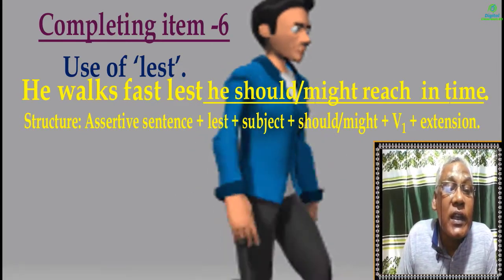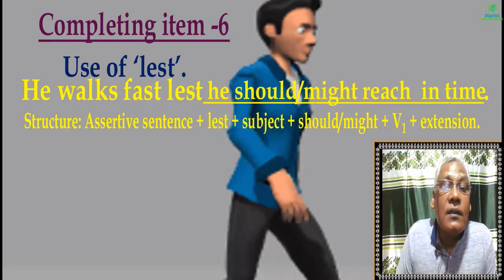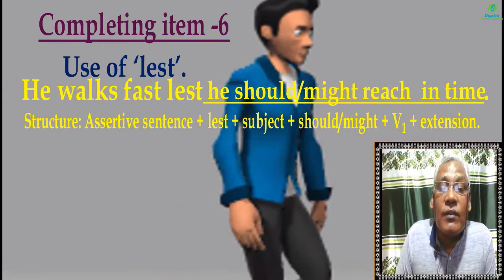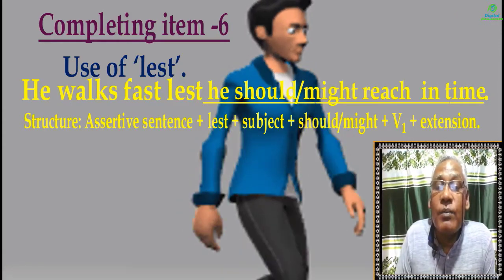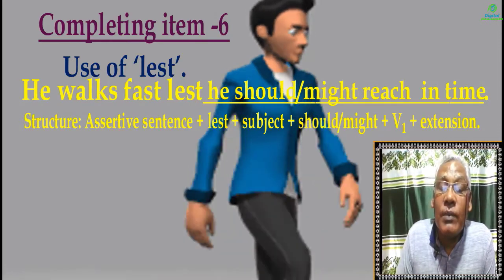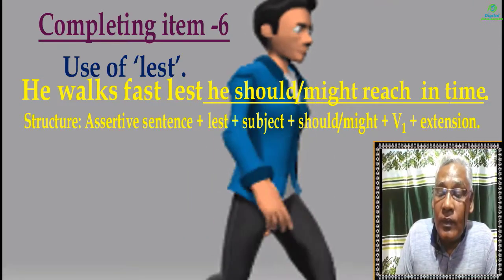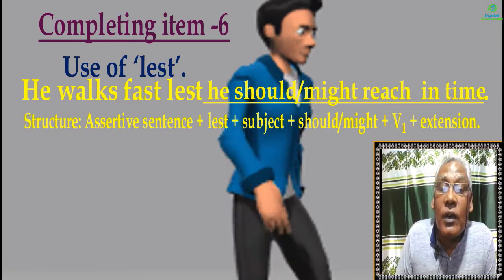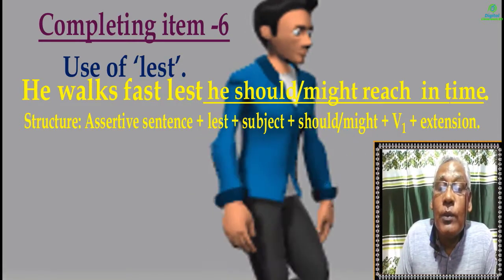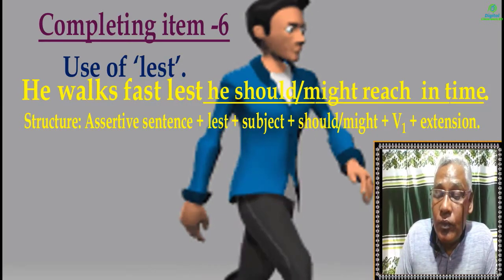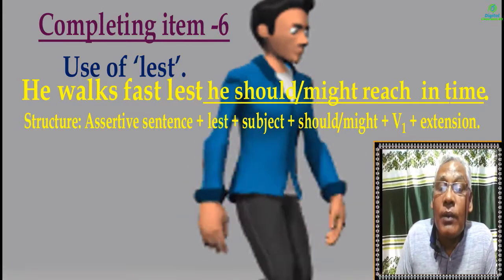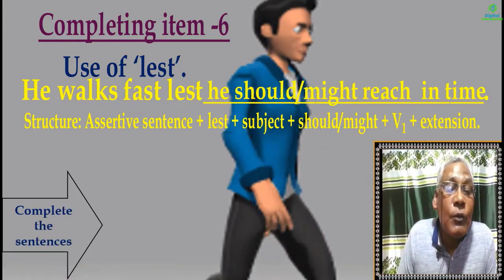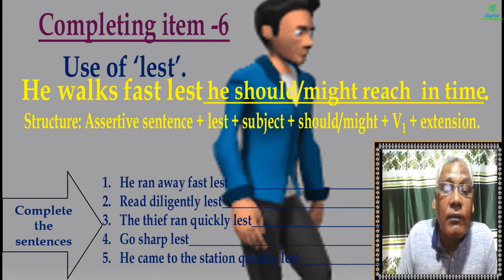Look at the structure here. Assertive sentence plus lest plus subject plus should or might plus verb 1 plus extension. Verb 1 means the present form of the verb. After should or might you must use the present or base form of the verb. Okay, verb 1. Now please complete the sentences by yourself.